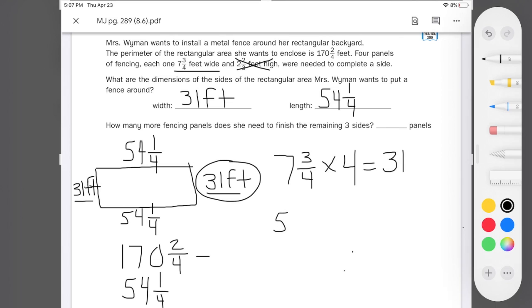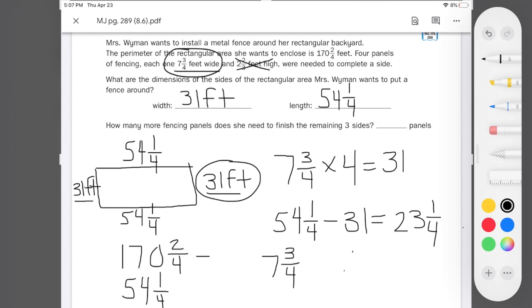Well, let's subtract here. 54 and 1/4, subtract 31, which I'm getting from my length and my width, is 23 and 1/4. So after 4 panels are used, 23 and 1/4 feet will be unfenced. So each panel covers 7 3/4 feet. And I got that directly from the problem up here.